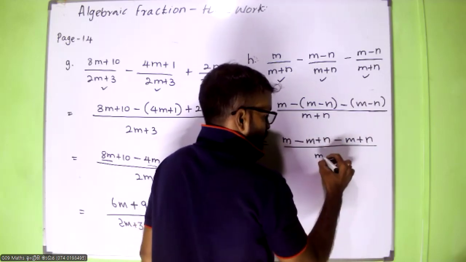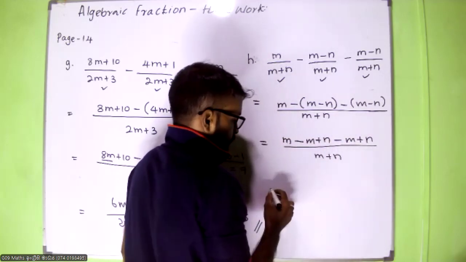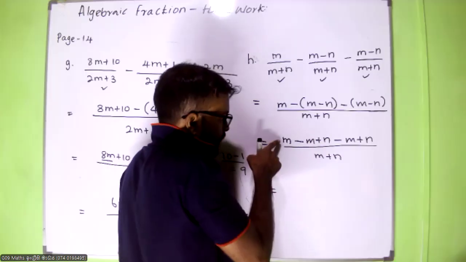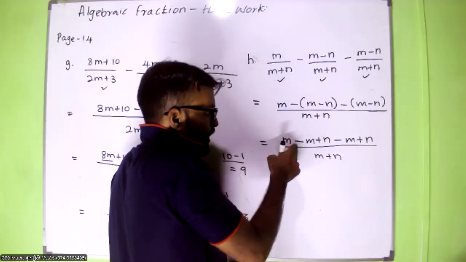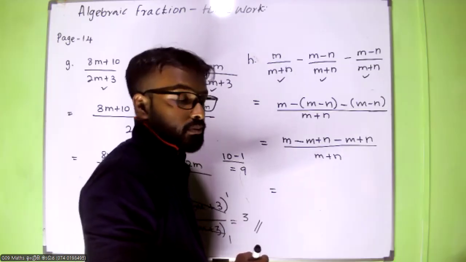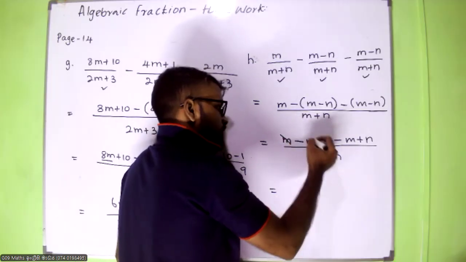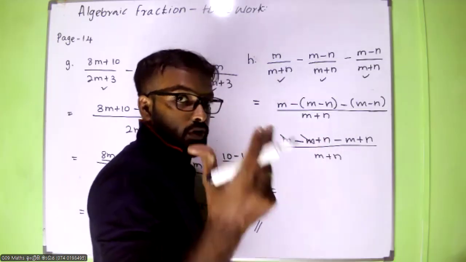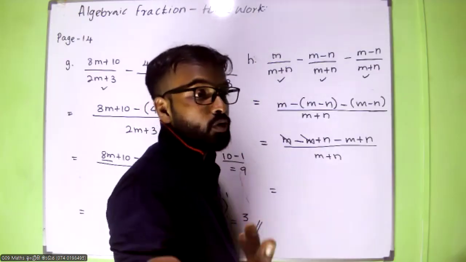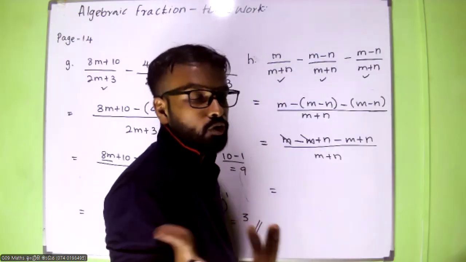Divided by m plus n. Equal mark. Make m minus m. m minus m cancel out. I am giving you a dodam, taking it back. How many dodams are with you now? 0.